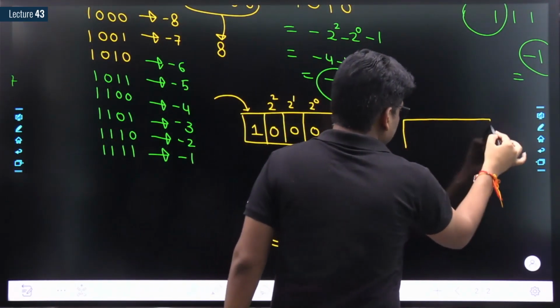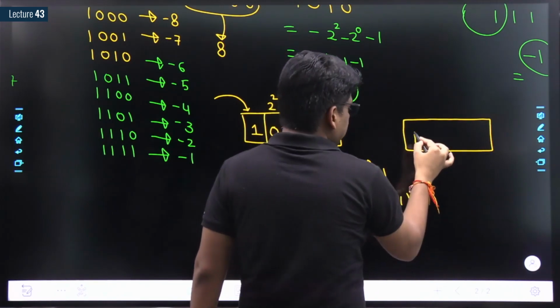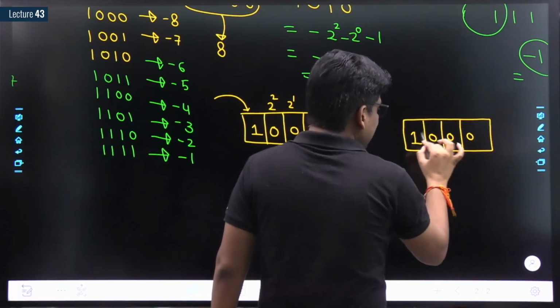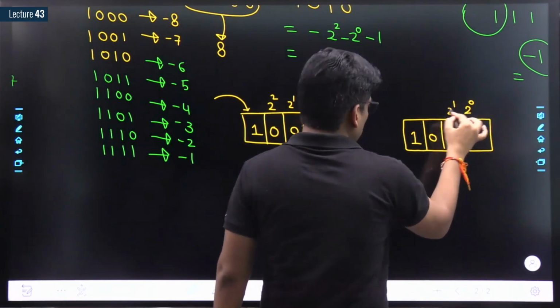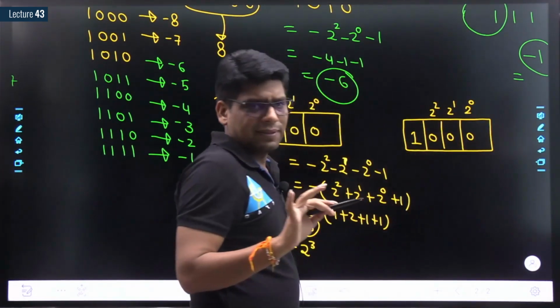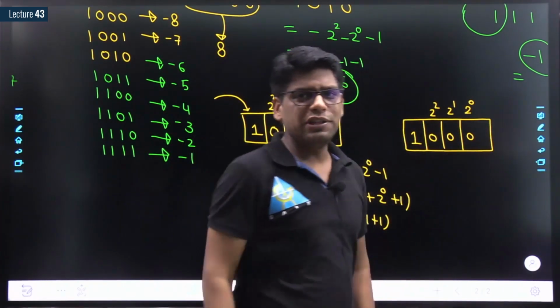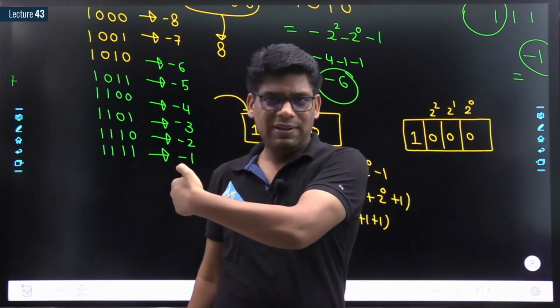While computing the direct value for a 2's complement number, we are focusing on zeros. We are only focusing on zeros. So again, if I ask you, what is the value of 3 continuous 0s? Sir, the same concept.